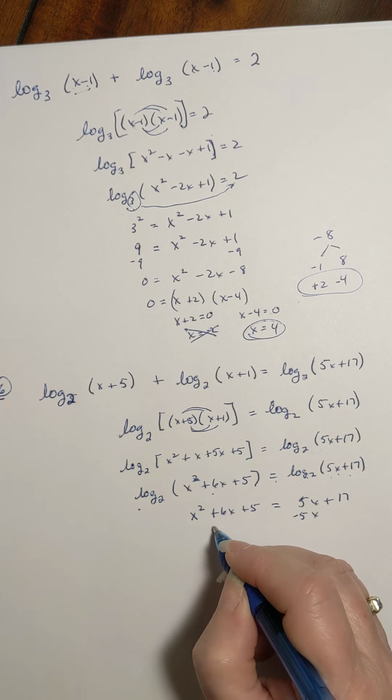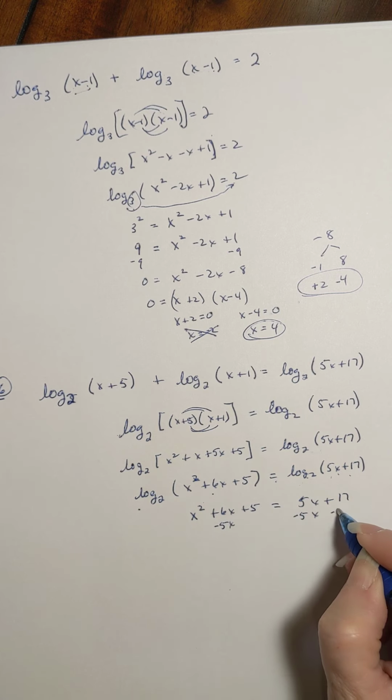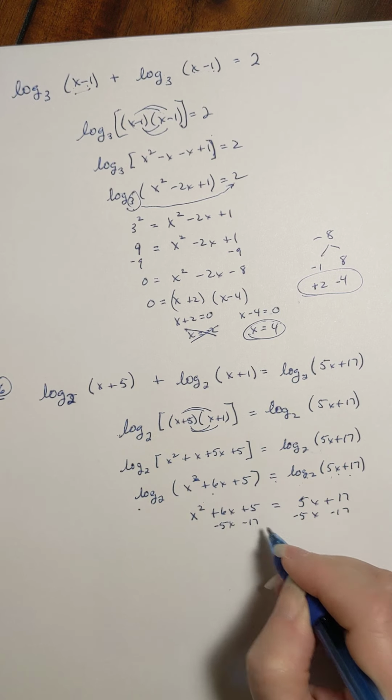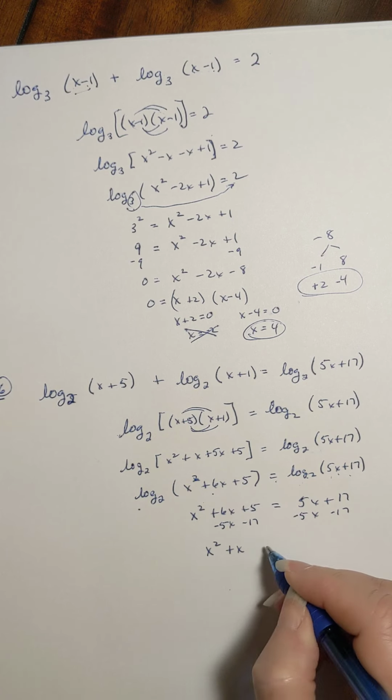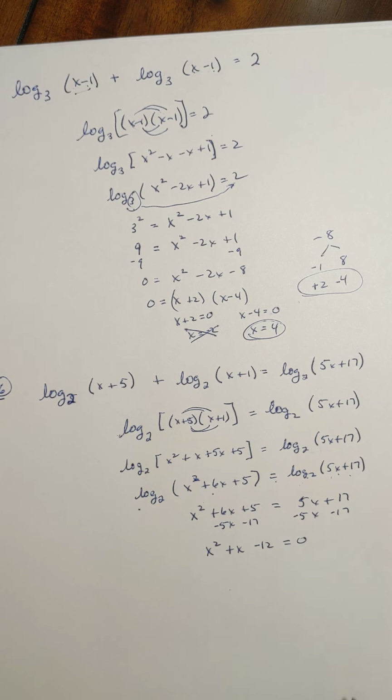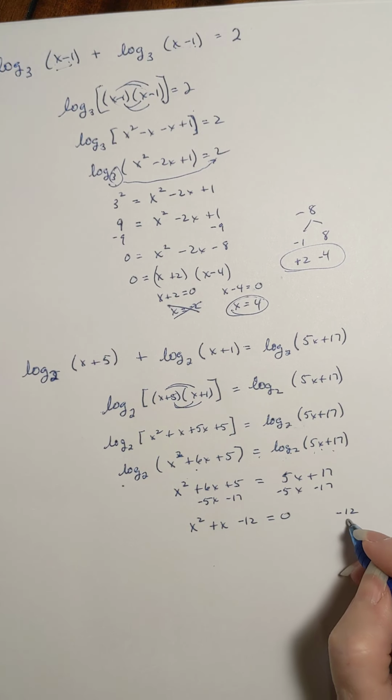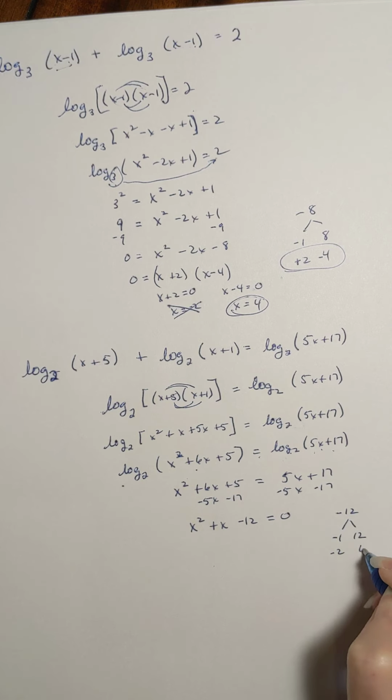So subtract the 5x and subtract the 17. Right? So I get x squared plus x minus 12 equals 0. So now looking at the factors of negative 12, I'd have negative 1 times 12, negative 2 times 6, negative 3 times 4.